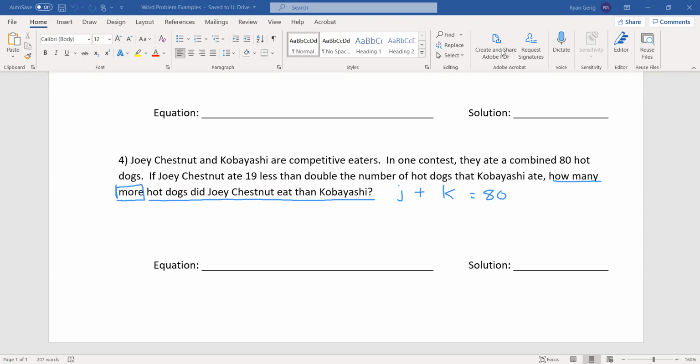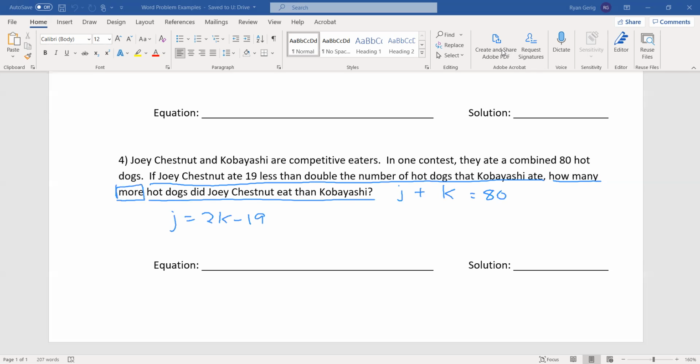We need to find something that compares Joey's hot dogs to Kobayashi's, and it should be pretty easy to see. It's right there. Joey ate 19 less than double the number of hot dogs that Kobayashi ate. So double Kobayashi minus 19.